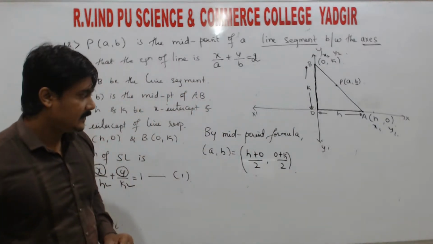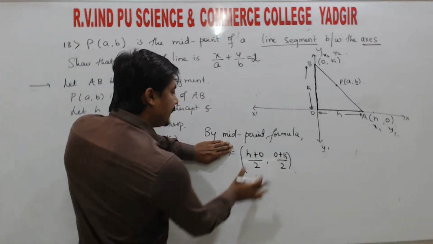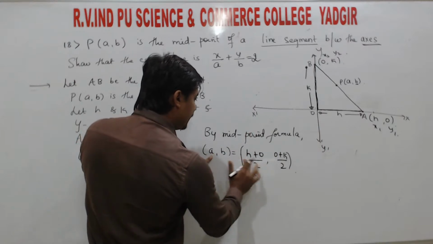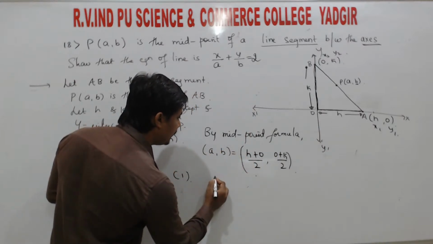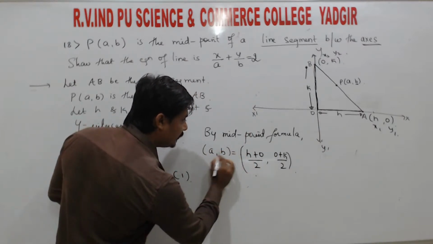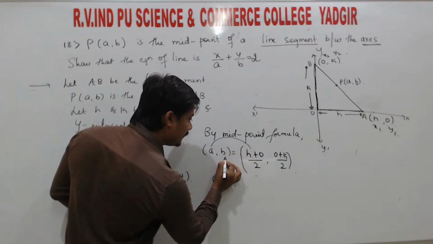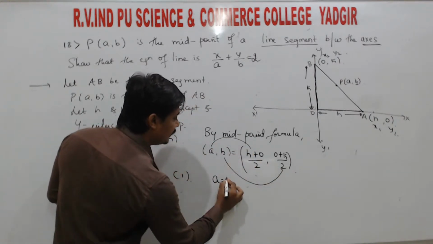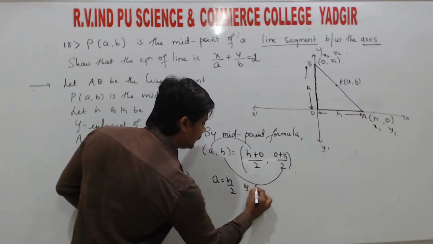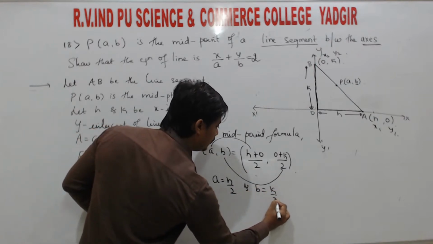Now this is one ordered pair, this is another ordered pair. By the equality of ordered pairs, I can say that ಇವೆರಡು equal ಅಂದ್ರೆ, ಈ value same ಇರ್ತವೆ, ಈ value same ಇರ್ತವೆ. So a is equal to h by 2, b is equal to k by 2.